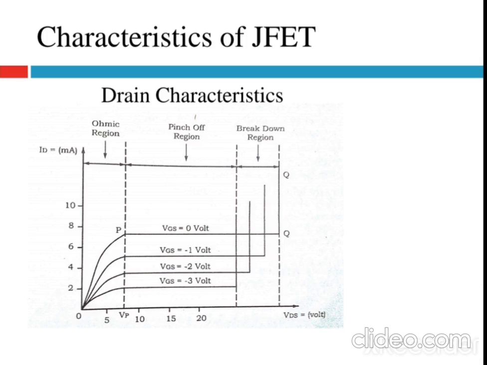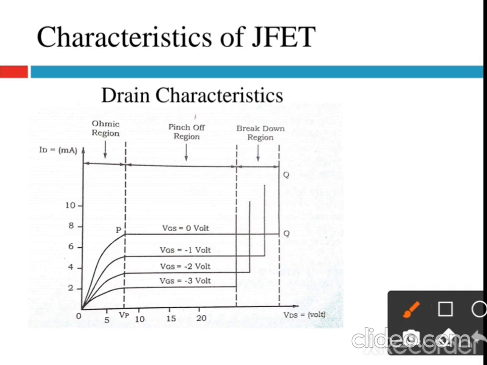The drain characteristic of JFET is obtained by using an N-channel JFET connected in common source mode. Now, to understand this characteristic, let us go one region at a time.